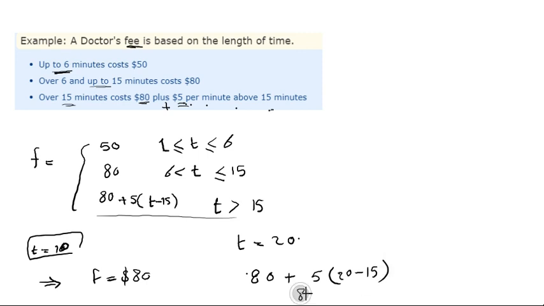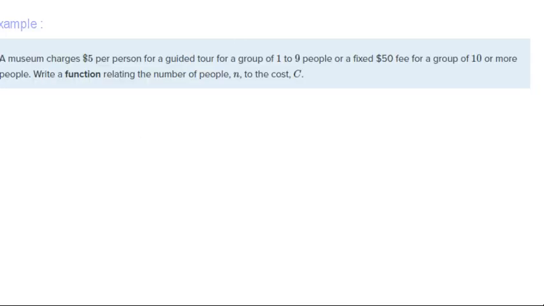So you will pay $80 plus, 20 minus 15 is 5, multiplied by 5 is 25. You will pay an extra $25, so you will pay $105 for the doctor.